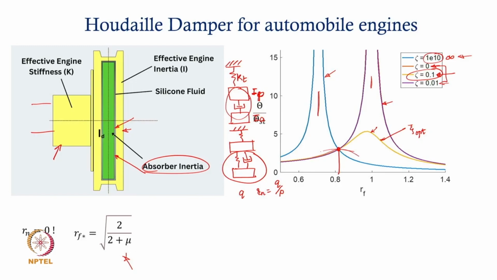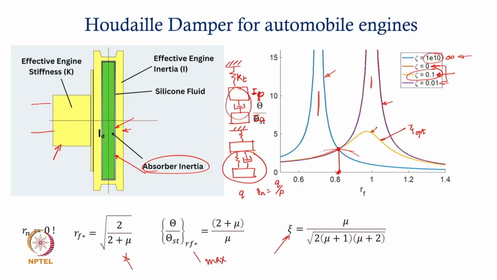So again, a similar approach as we have discussed in the earlier part can be followed, and it is possible to show that the response turns out to be this at this particular RF value, and if the damping is adjusted to this expression, then this remains the maximum response, okay.